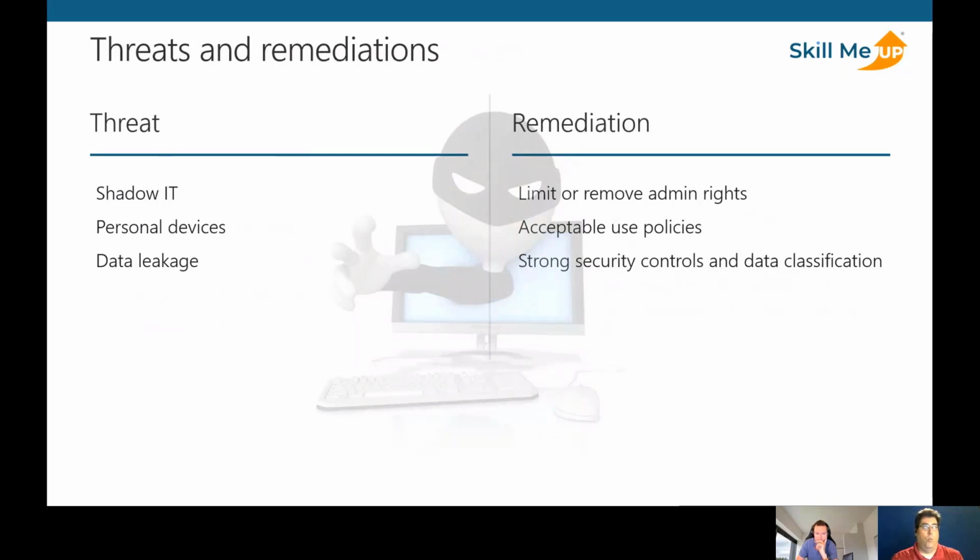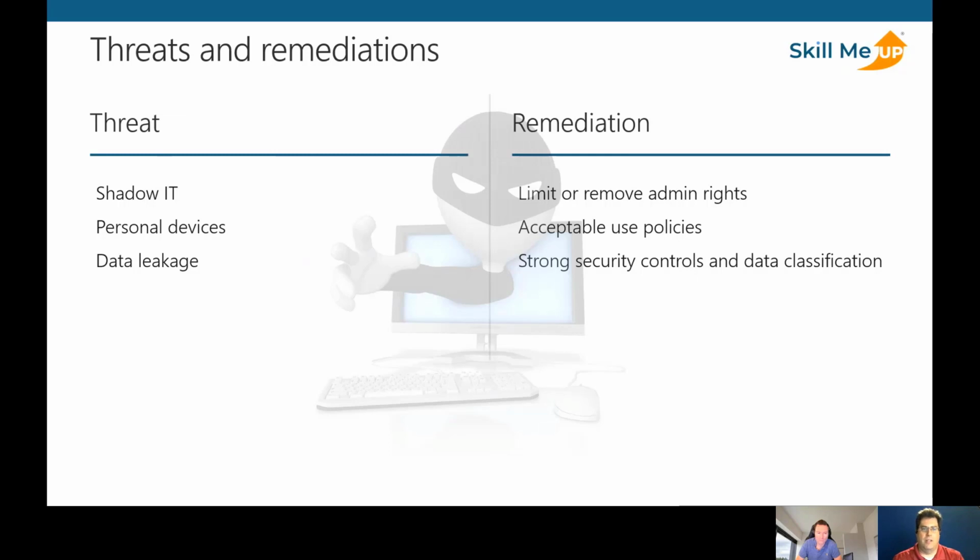Some things around threats to identity have to do with users having too much of a struggle getting to applications. They tend to find ways around identity management and access policies using shadow IT, and how organizations are managing personal devices and things like that.